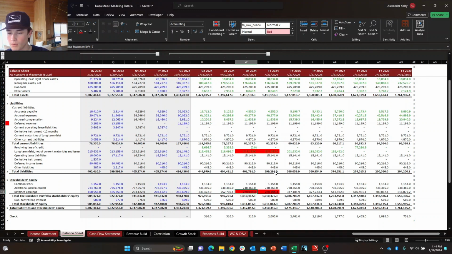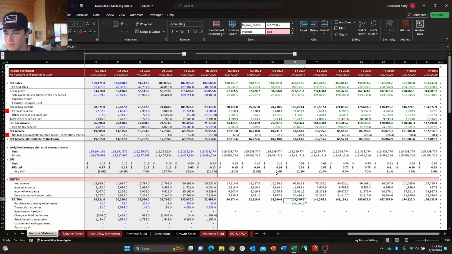So when looking at why our retained earnings is off, we notice that we have two line items here: our non-controlling interest as well as our retained earnings. So I linked this to U17 on the income statement. So let's go to U17. And notice that I'm doing net income. I forgot to use net income attributable to Duckhorn. So what I really want is this, which is 19.